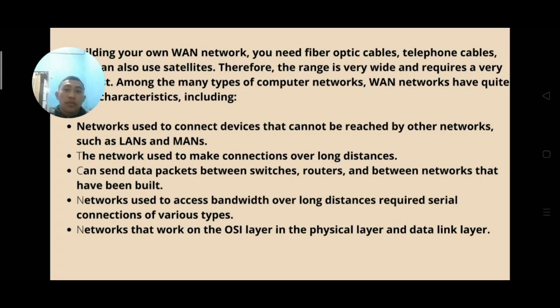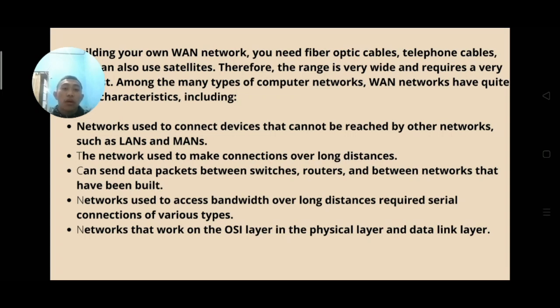the first, networks used to connect devices that can be reached by other networks, such as LANs and MANs. The second one, the network used to make connection over a long distance and can send data packets between switches, routers, and between networks that have been built.